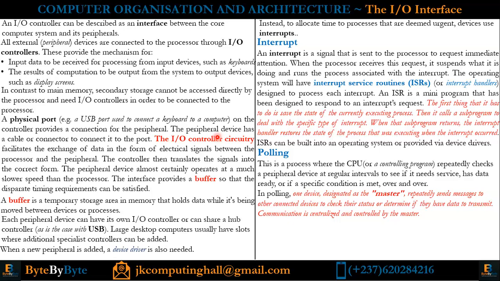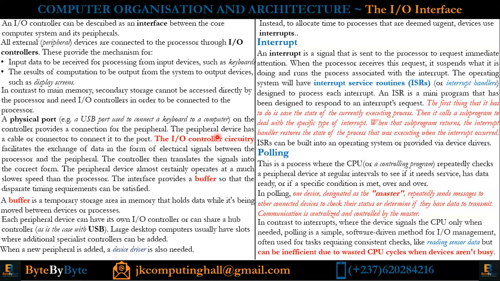In polling, one device designated as the master repeatedly sends messages to other connected devices to check their status or determine if they have data to transmit. Communication is centralized and controlled by the master. That is how it happens in polling.